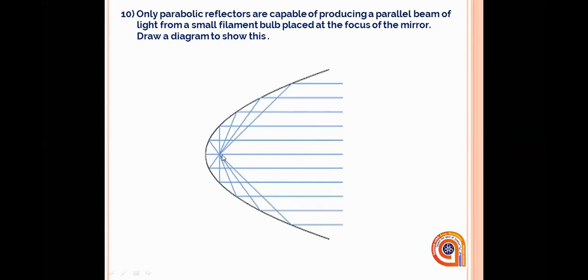This is where the filament bulb is placed, and the light is emitted from this point. After being incident on the parabolic reflector, the rays reflect, all parallel to each other, and that is how a torchlight beam is formed. Even a searchlight or spotlight beam is formed in parallel.